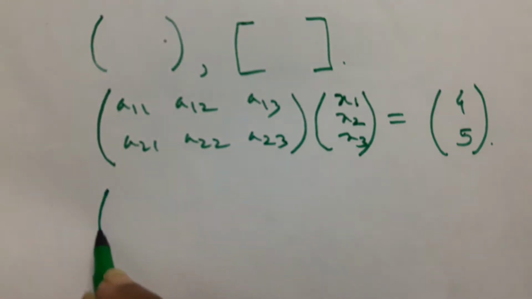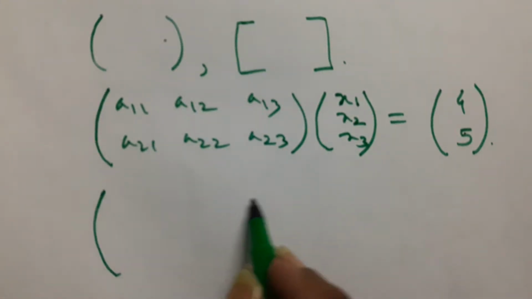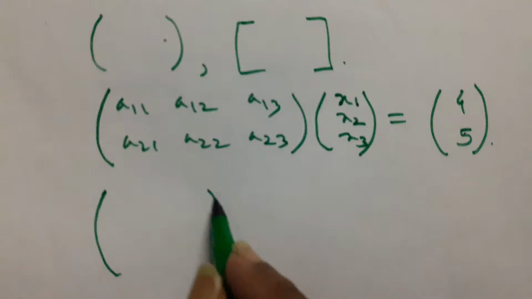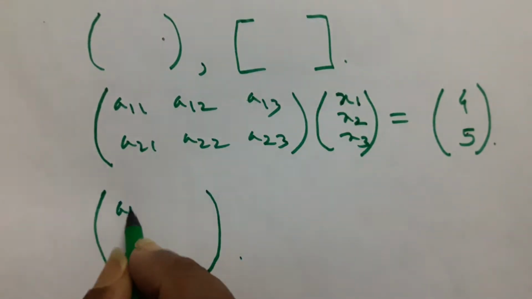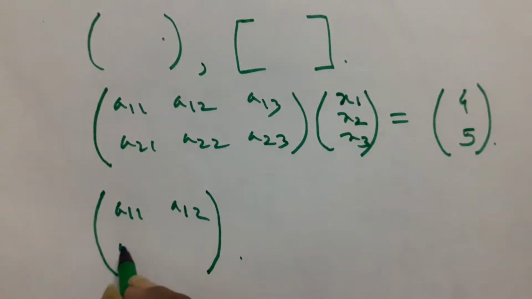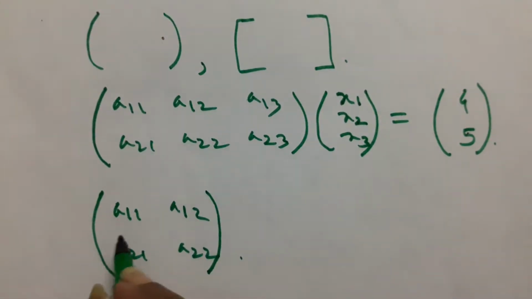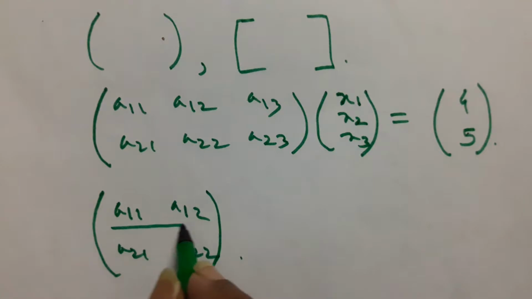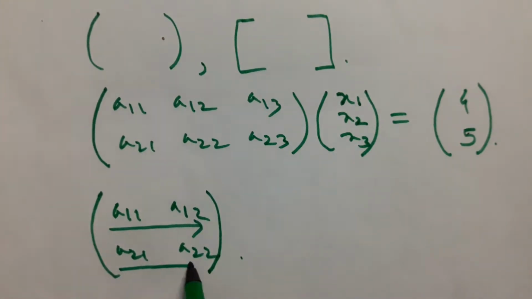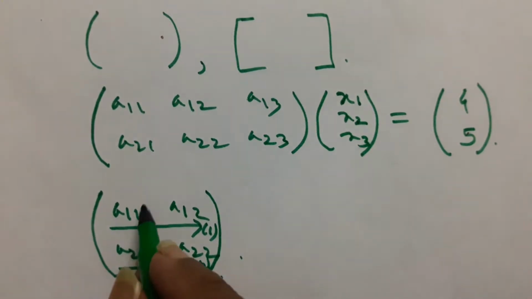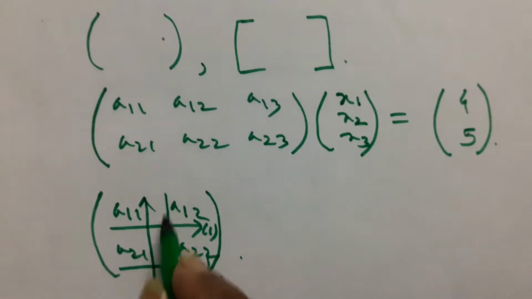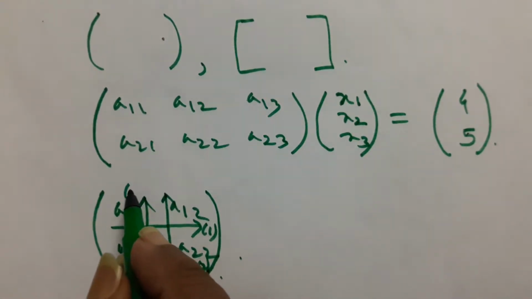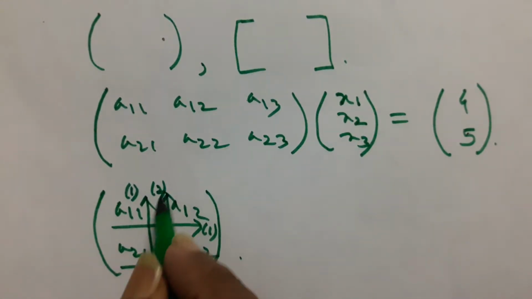If we take any kind of matrix, suppose a11 a12 a21 a22, in this way we can take it segment-wise. This is the first row and this is the second row, and this is the first column and this is the second column.